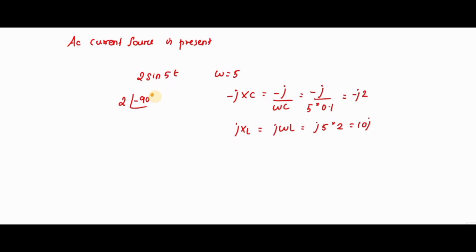So I can redraw the circuit. This is a short circuit since it is AC, and instead of the inductance I can write j10, and you have 1 ohm, and the current source with value 2 angle of minus 90 degrees.